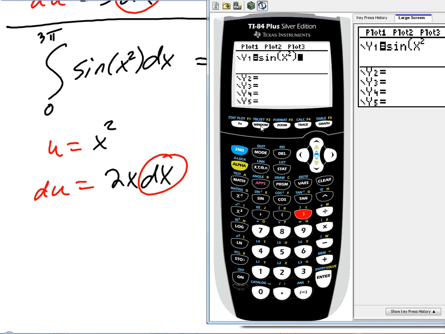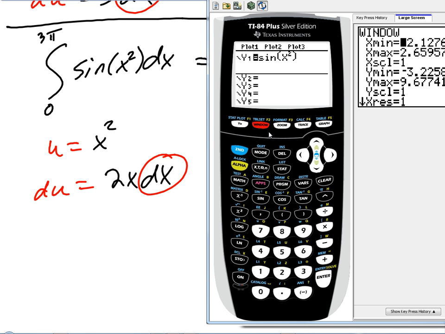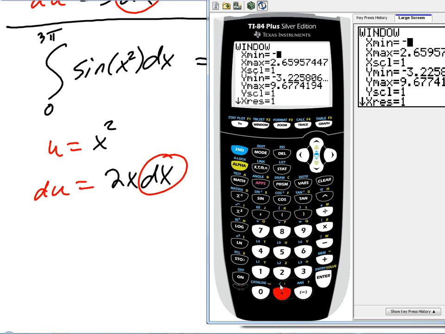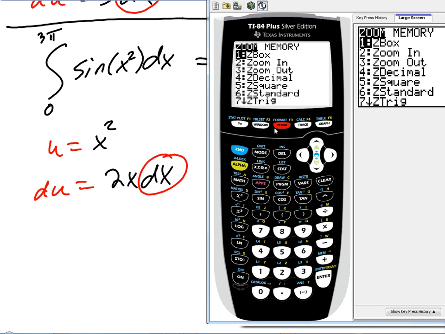And let's go to window, and if we're going from 0 to 3 pi, how about if I make x go from negative 0.2 to, what's that going to be? 3 pi is going to be about 10-ish, a little less than 10. So if I go up to 10. Okay, and then we'll just go, how about zoom fit?